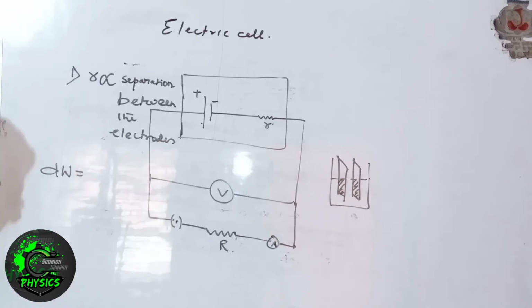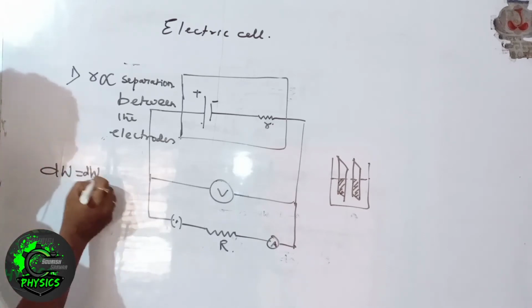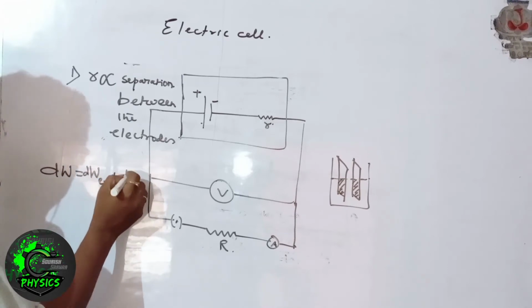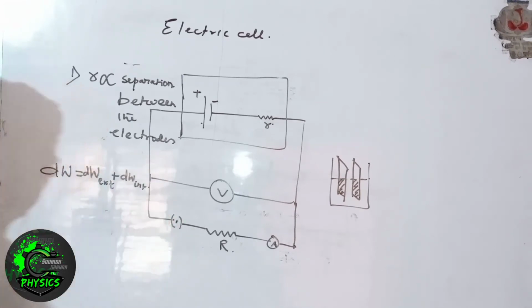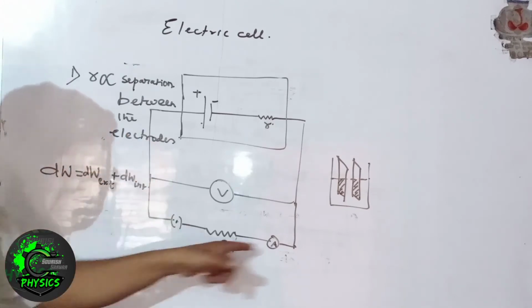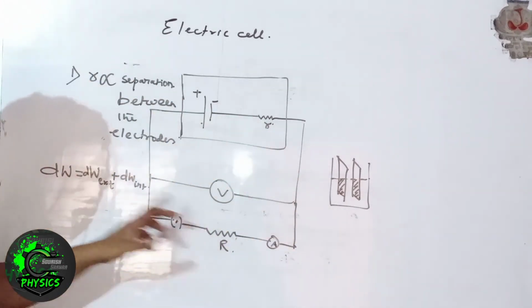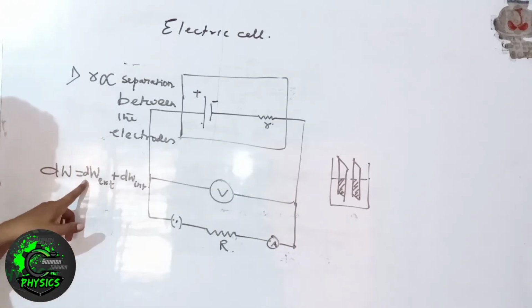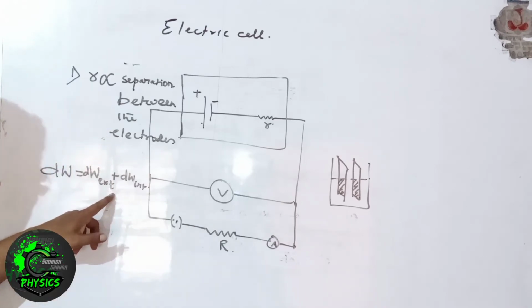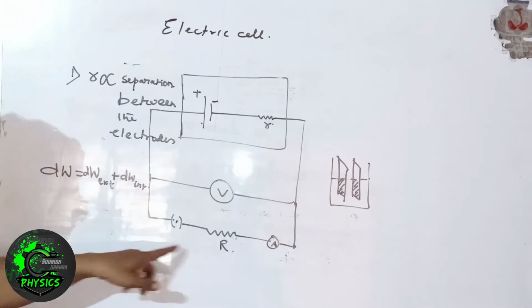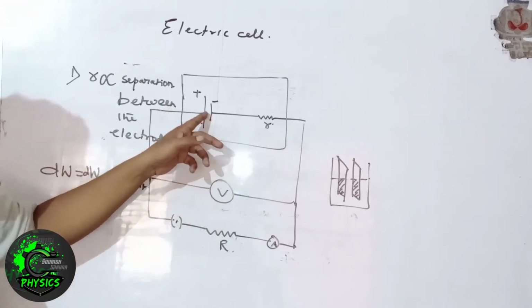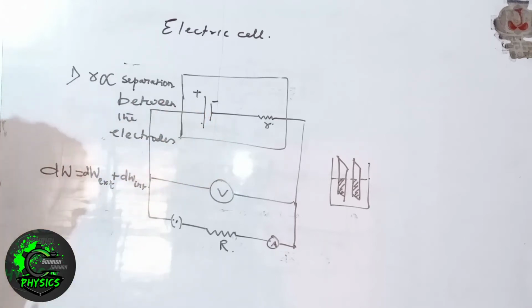One is dW external, and one is dW internal. dW external is the energy required to overcome the resistance of the external circuit, and dW internal is the energy required to overcome the resistance given by the electrolyte of the cell. So total work done dW is equal to dW external plus dW internal.